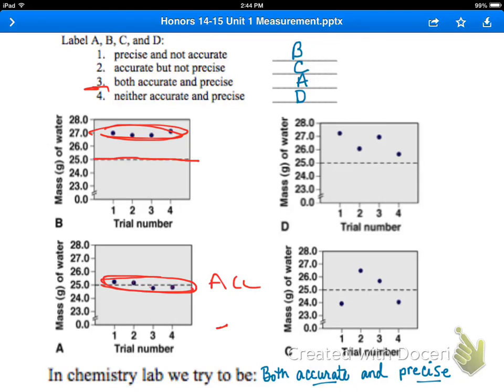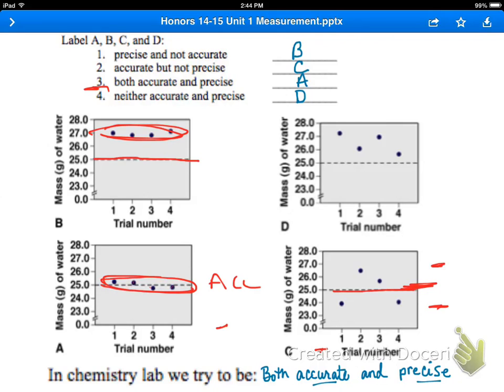If I look at C, each trial is not very close to the accepted value. But if you see, I have an equal amount above and below the value, and if I average those, the average is going to actually be close to the accepted value.